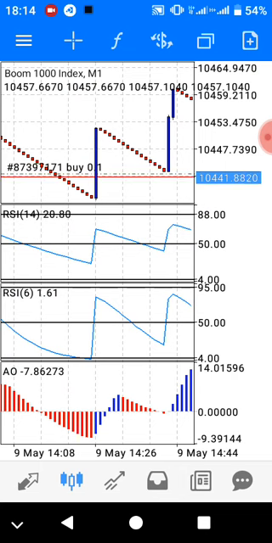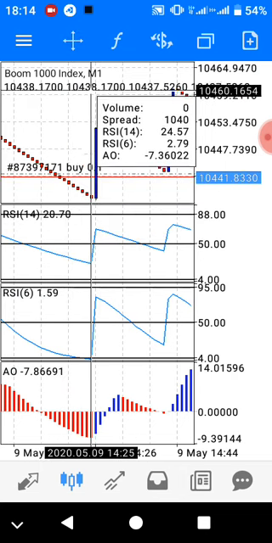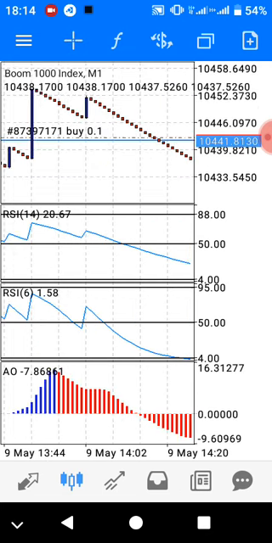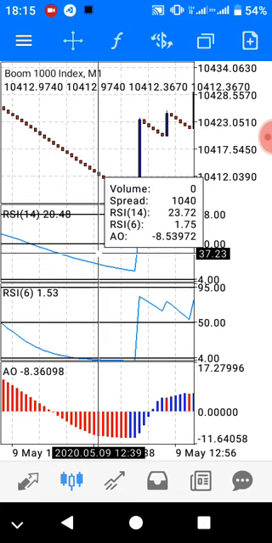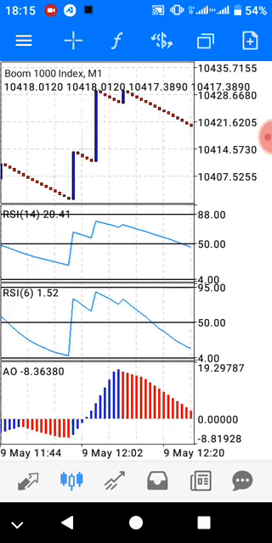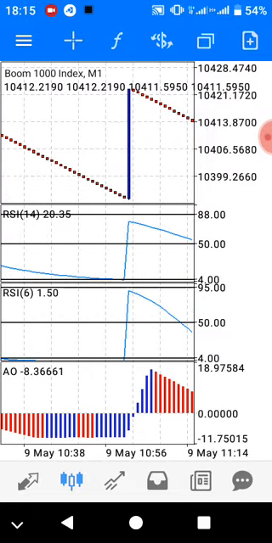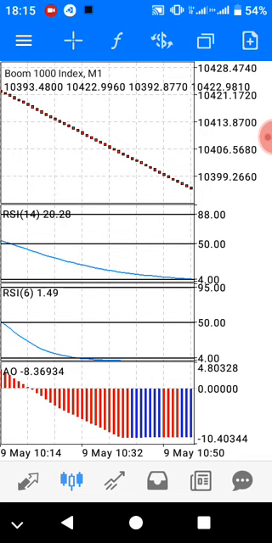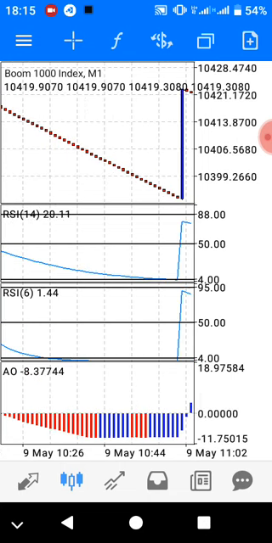Let us look here. The RSI 6 touched the 4 and there was a boom, and here it touched the 4, there was a boom. Okay, here is how you trade when the awesome oscillator crossed the zero line from above.